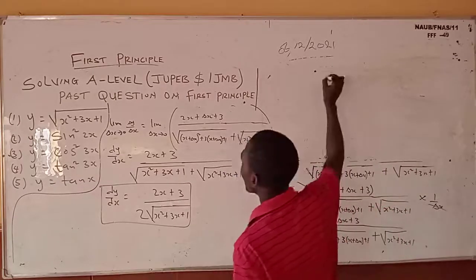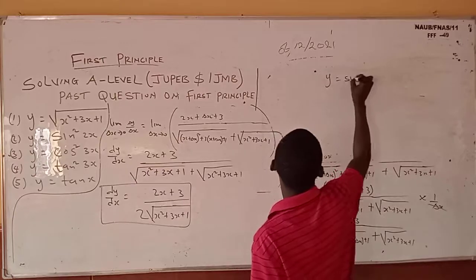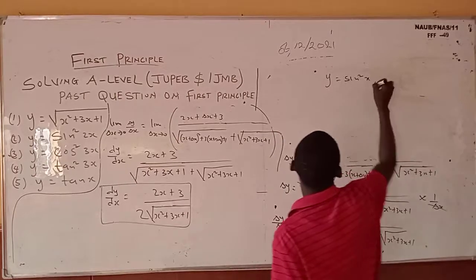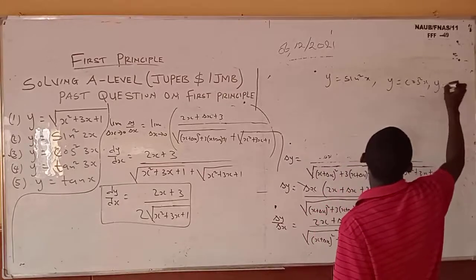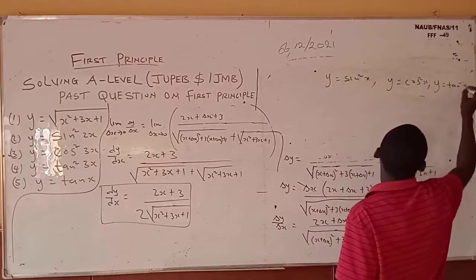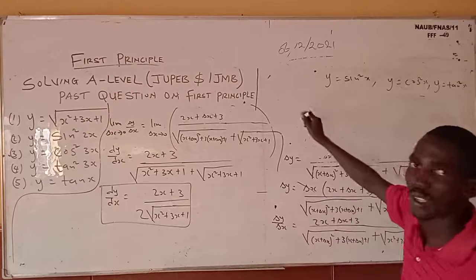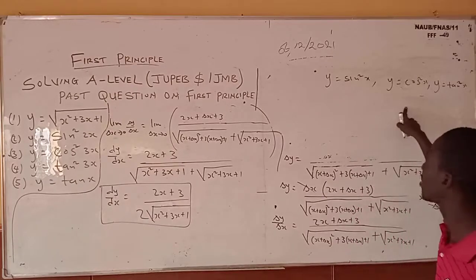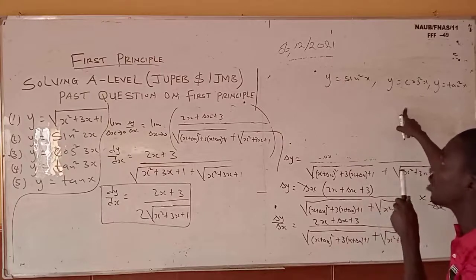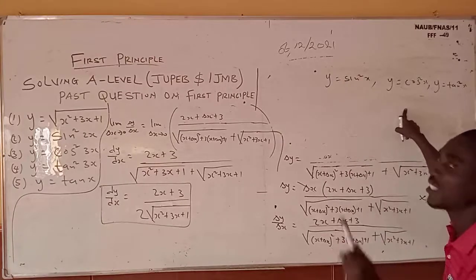I did something similar to y equals sine squared s, y equals cos squared s, then y equals tan squared s. So please watch my video on this, on first principle, you will see it there.